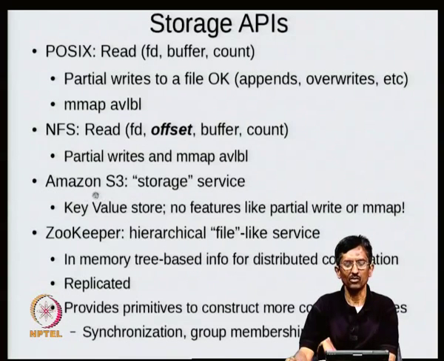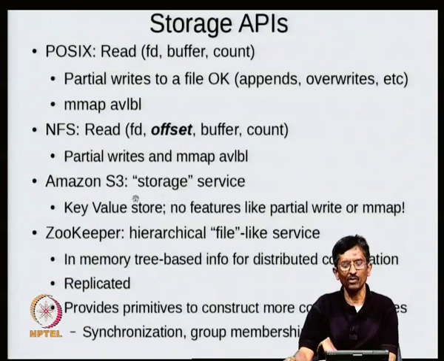Okay, so this Amazon S3 can give you a much weaker type of consistency model, and that is basically the reason why you have to be careful about the model that they provide. Similarly, there is Zookeeper, which is a hierarchical file-like service, and this one also has a slightly different model. We will actually take a quick look at exactly what it does.